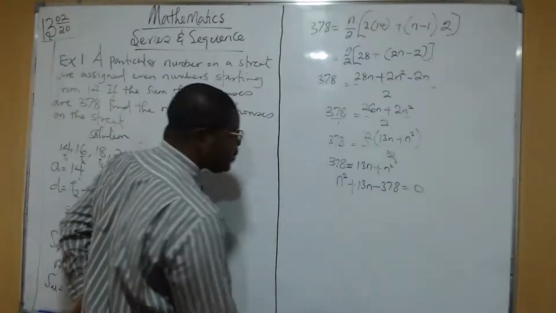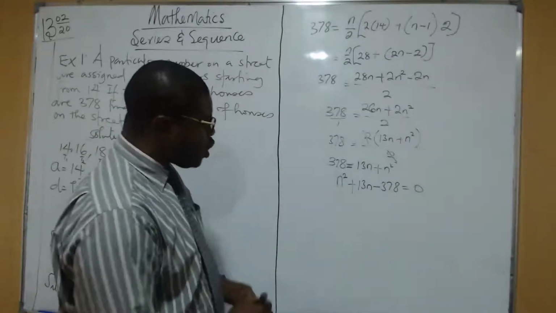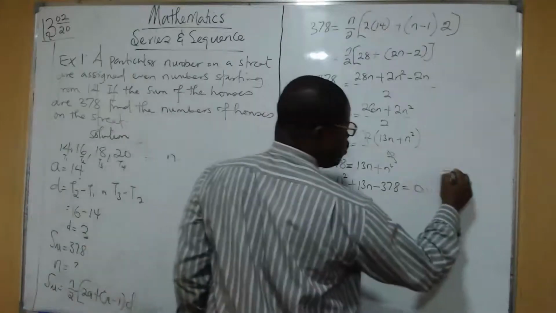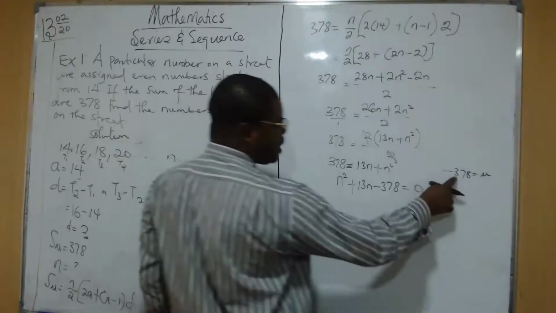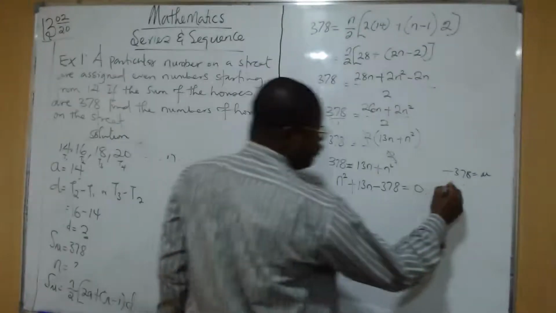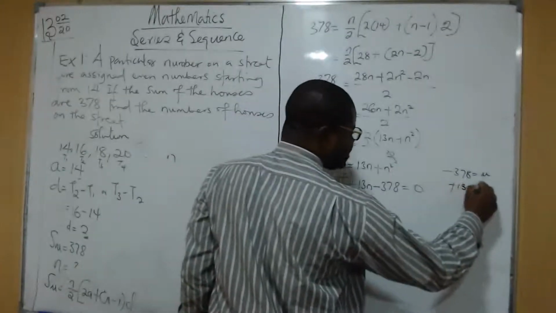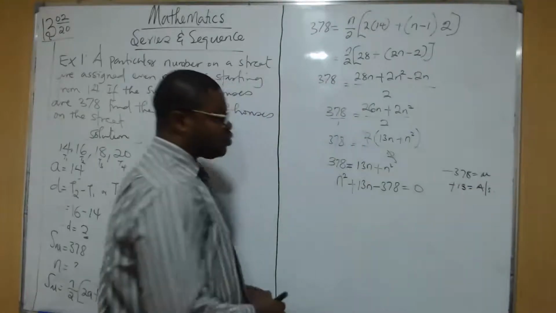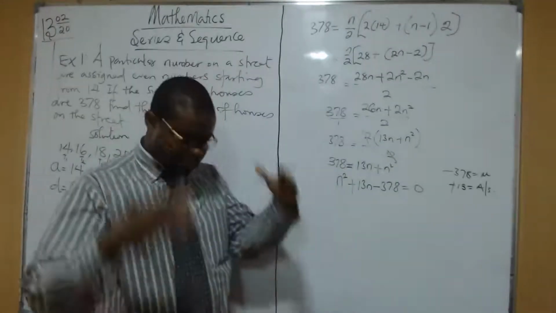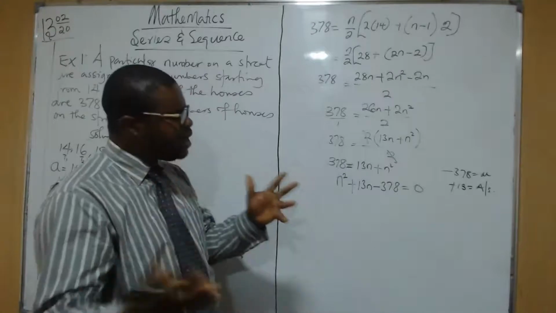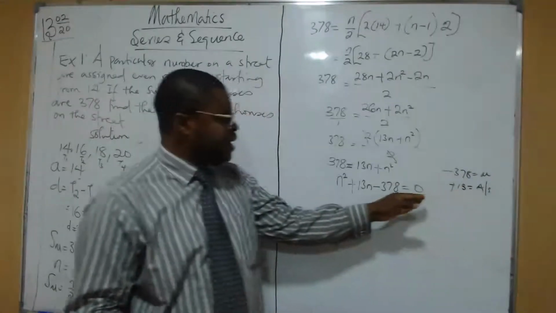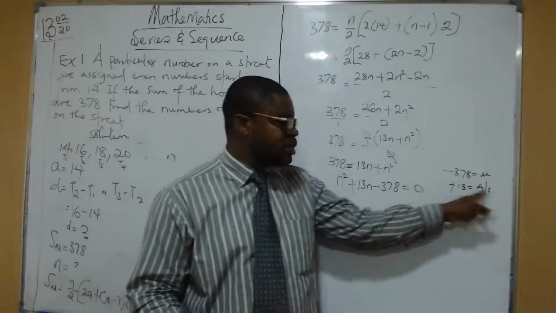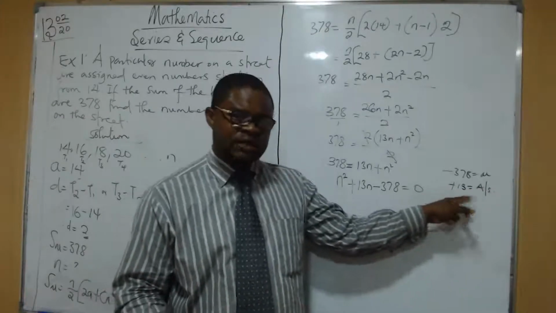Now, what comes to mind? What are the two numbers we multiply to get minus 378, and if we add or subtract those same two numbers, we get plus 13?